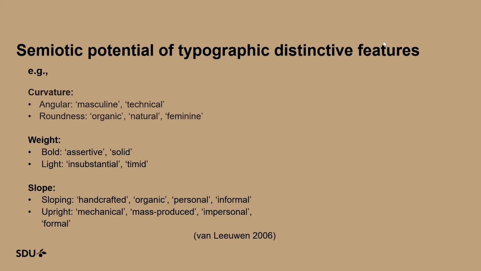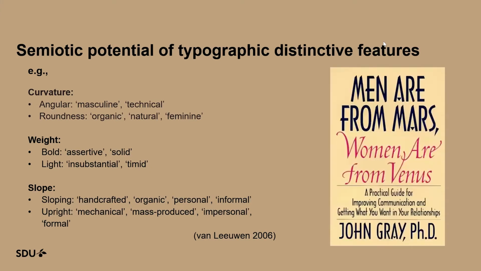We see a somewhat stereotypical example of the meaning potential of distinctive features in this example from John Gray's, I suppose it's a kind of self-help book called Men Are From Mars and Women Are From Women. No, Women Are From Venus, sorry.